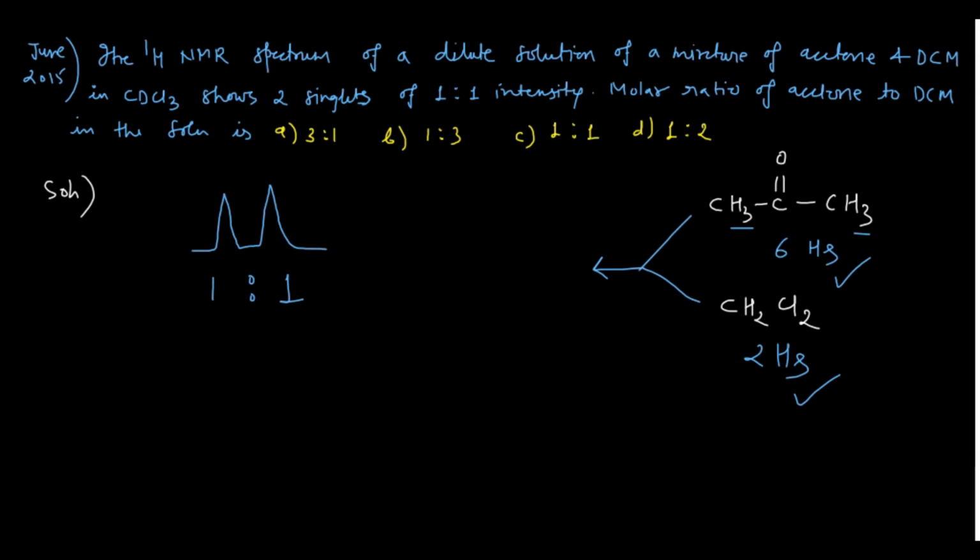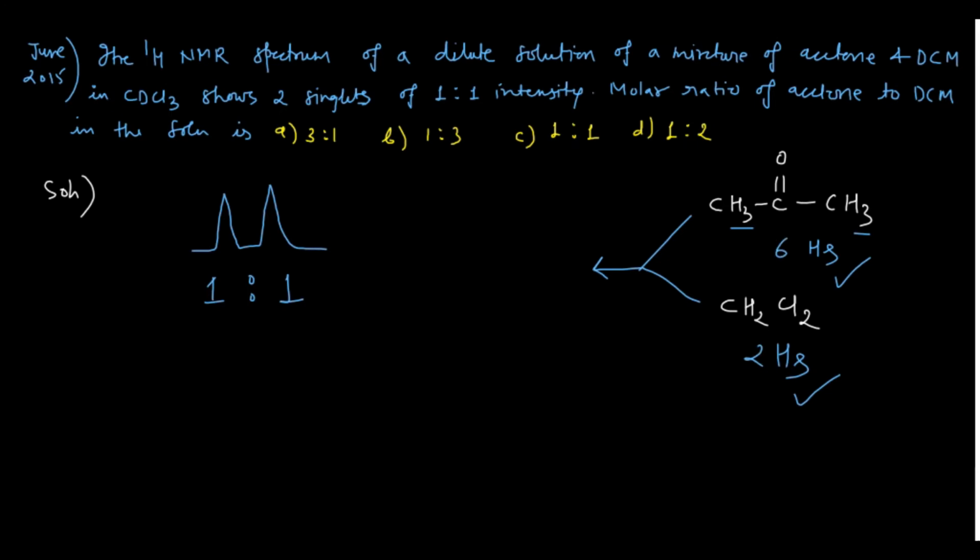So how is it possible to get this kind of pattern? You have to make the number of protons of dichloromethane 6. When you make the protons of dichloromethane 6, there would be the intensity of 6:6.